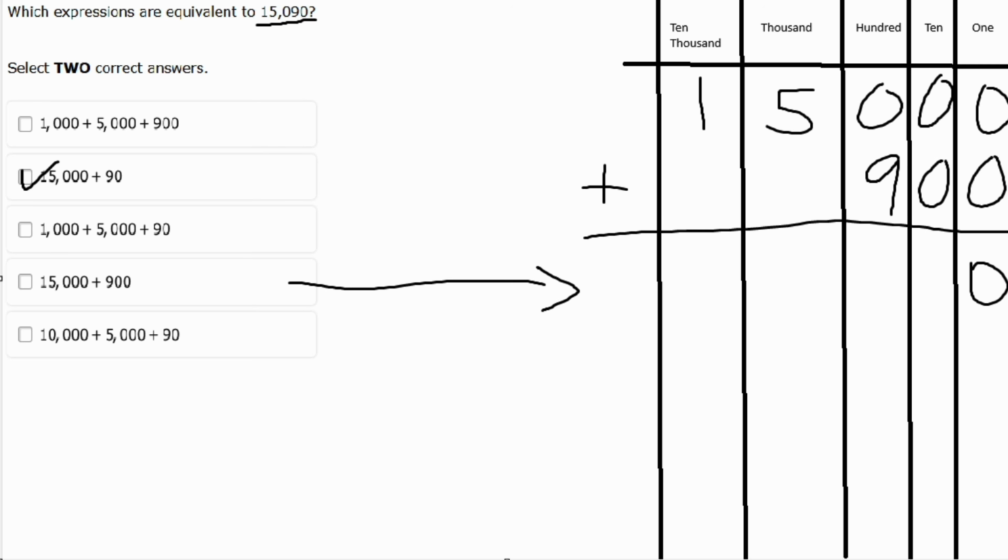All right, so we have a 0, 0, a 9, we have a 5, and we have a 1 in the 10,000s. And so this doesn't equal 15,090. We see here that there's a slight error. There's a 9 in the hundreds place, but our question wants us to find 15,090, which has a 9 in the tens place. So this answer choice is incorrect.